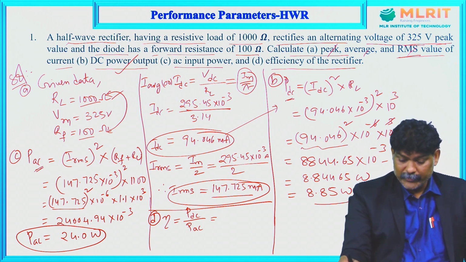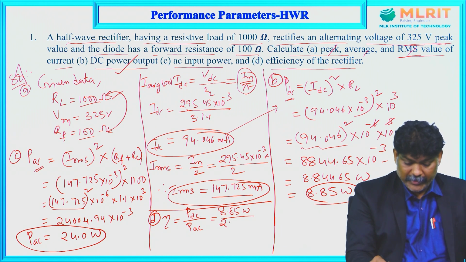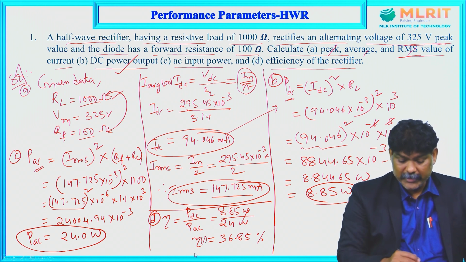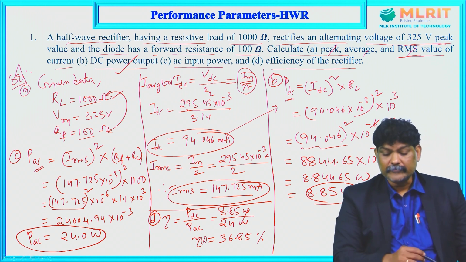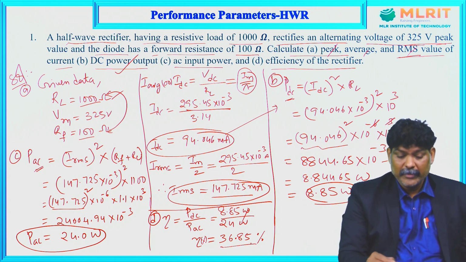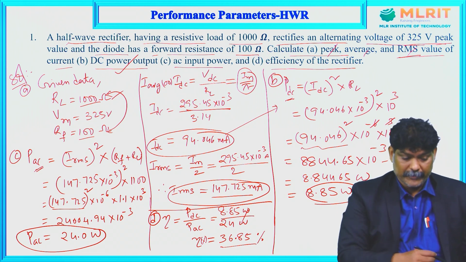So PDC, how much we got? 8.85 watts upon PAC, 24 watts. So if you solve this, efficiency is approximately 0.3685. If you multiply this, you will get it in percentage, the efficiency is 36.85%. So this way you have to use general formulas to calculate the different parameters.